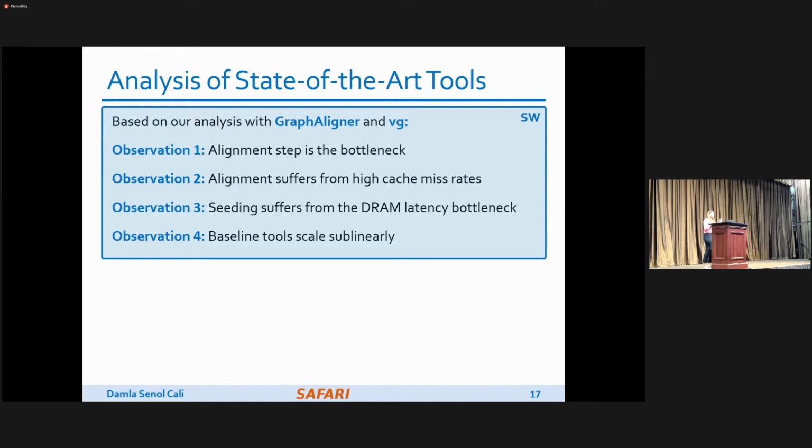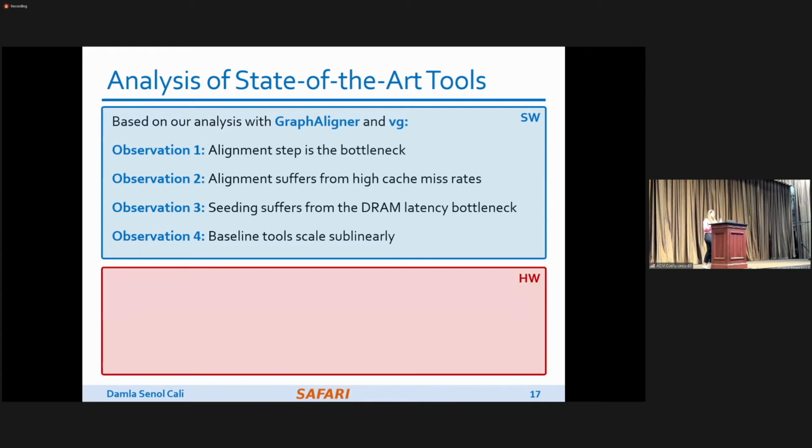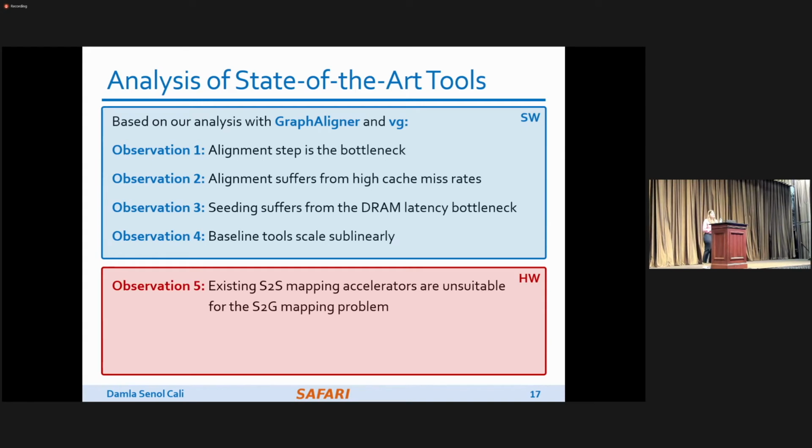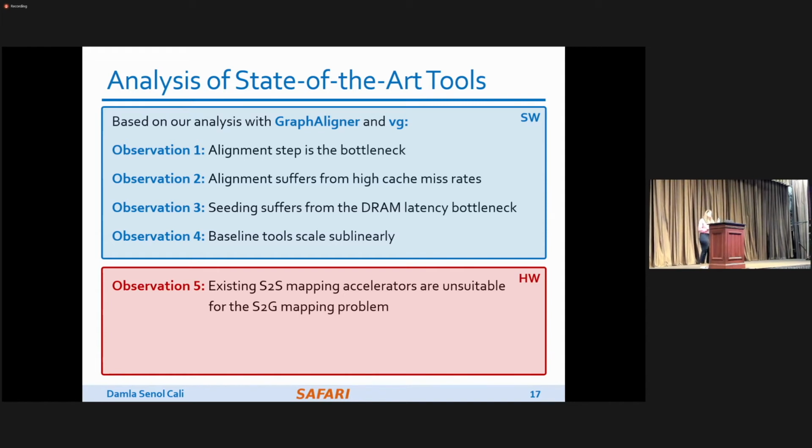Because these problems exist, we also look at hardware accelerators, but as I said, there are no hardware accelerators specialized for sequence-to-graph mapping. We looked at existing sequence-to-sequence mapping accelerators, but they are unsuitable for the sequence-to-graph mapping problem because they cannot handle the graph-based inputs, the reference genome.